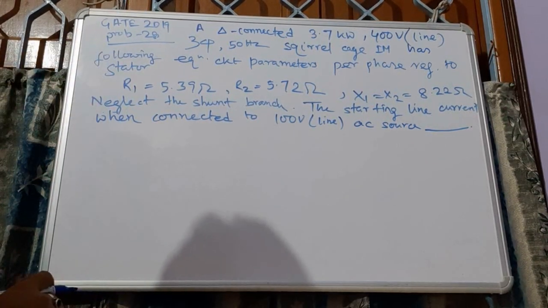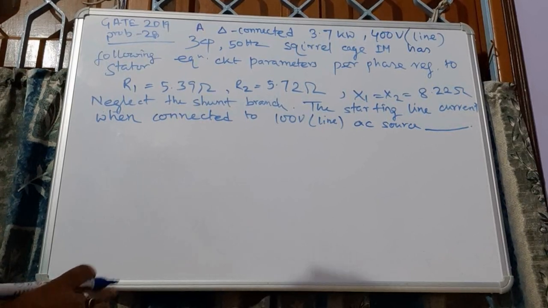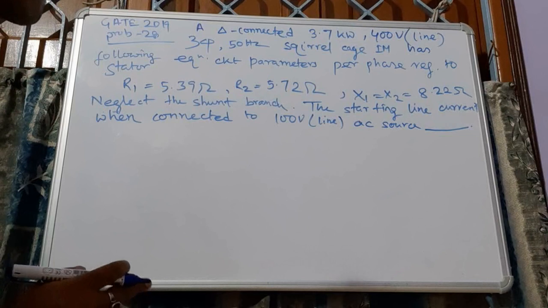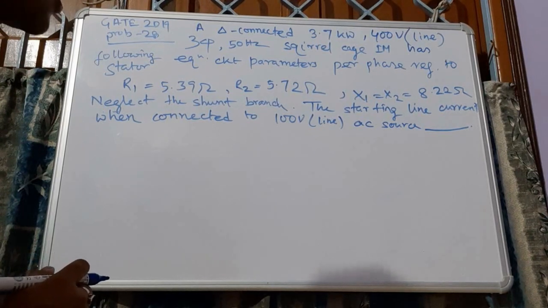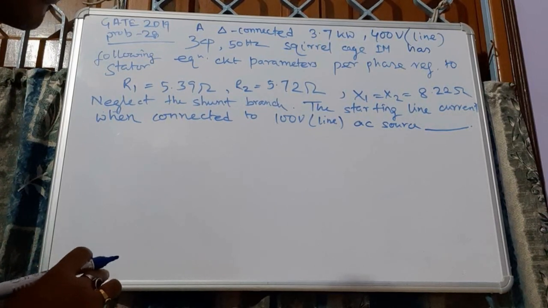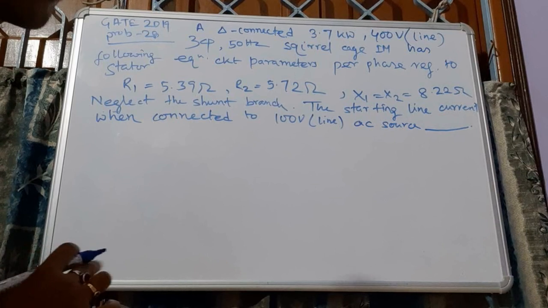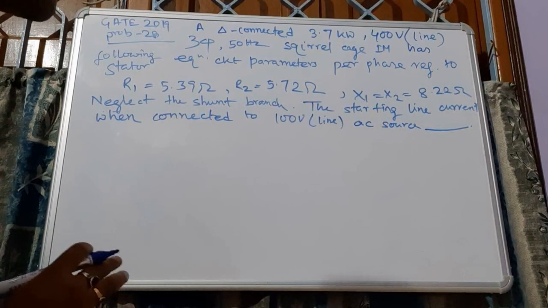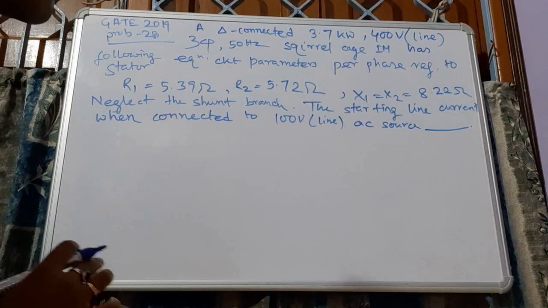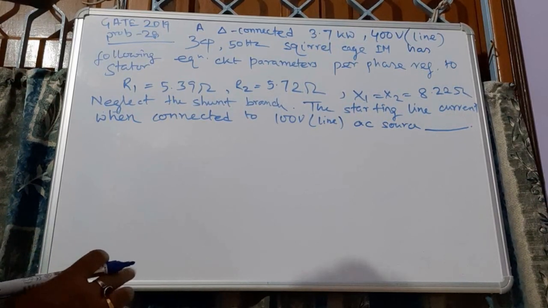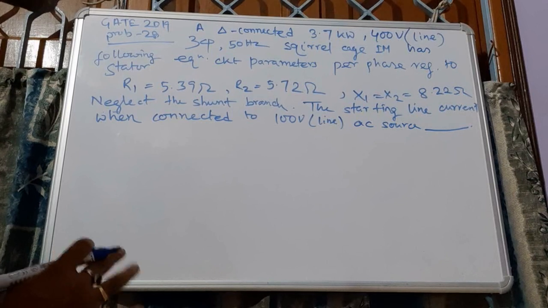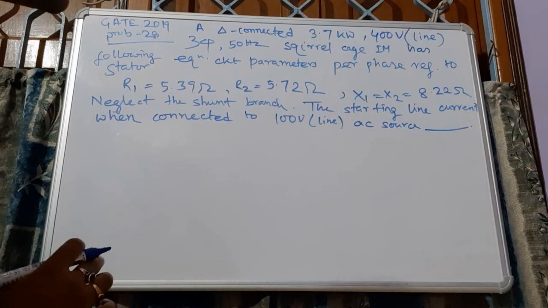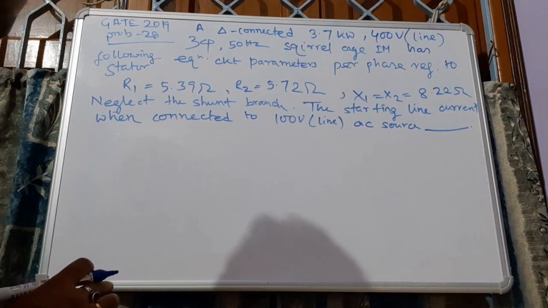Okay, now first of all I need to apologize for the previous tutorial, when I was drawing the equivalent circuit I said that it is referred to primary. In case of a transformer it is primary, but here for the induction motor it is referred to stator, right?